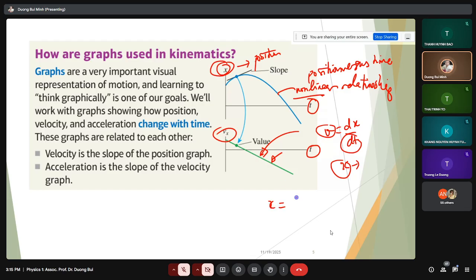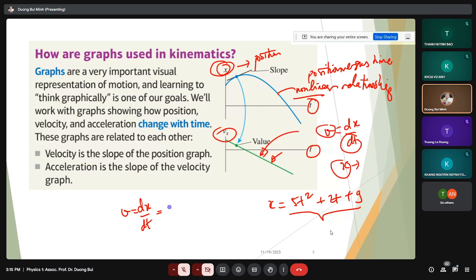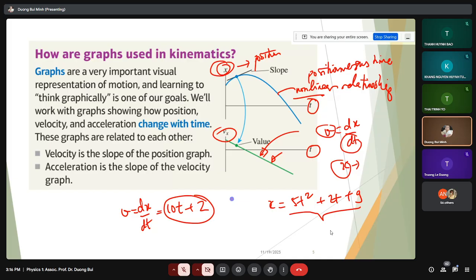For example, we have x equals 5t squared plus 2t plus 9. This is a quadratic equation. When we calculate v as the first derivative of x with respect to time, you get 10t plus 2, right? So this is a linear equation like this.